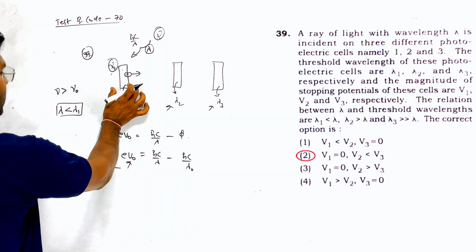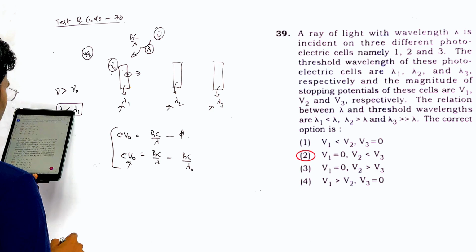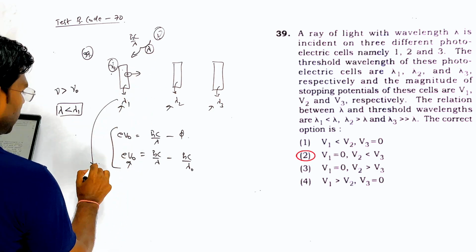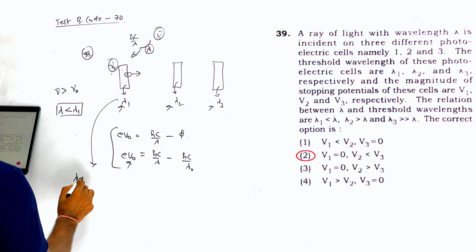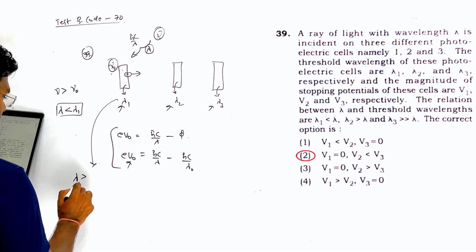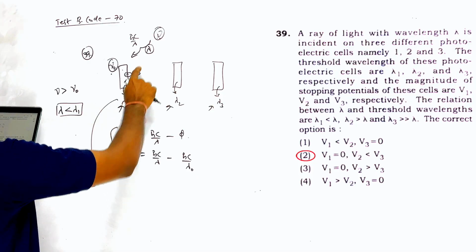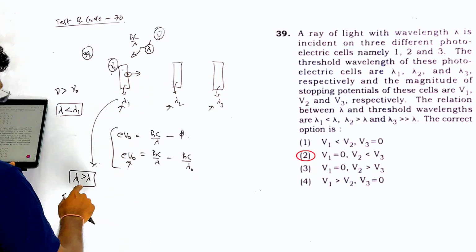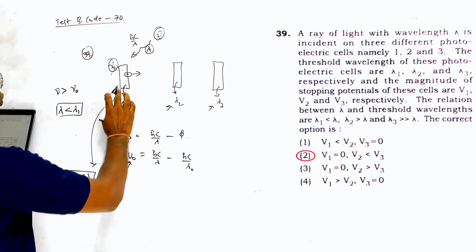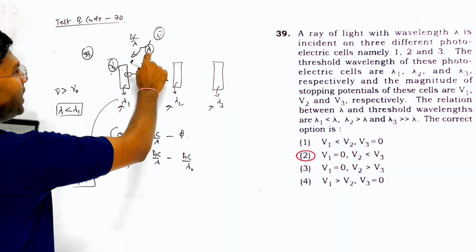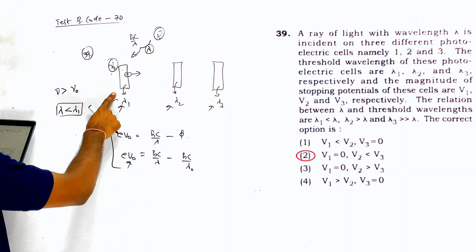Now if we consider this is lambda 1, according to the question, the relation between lambda and lambda 1 is given. The threshold wavelength lambda 1 is less than the incident wavelength lambda. It means the incident wavelength is more than lambda 1.